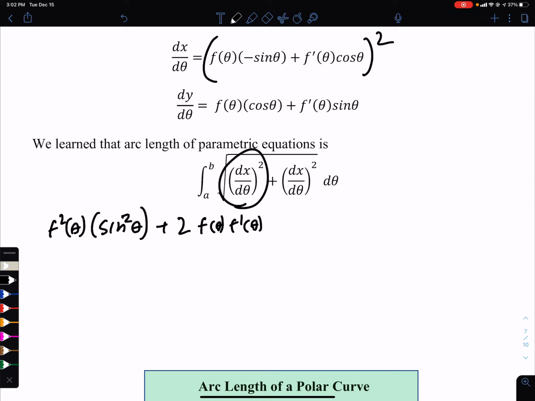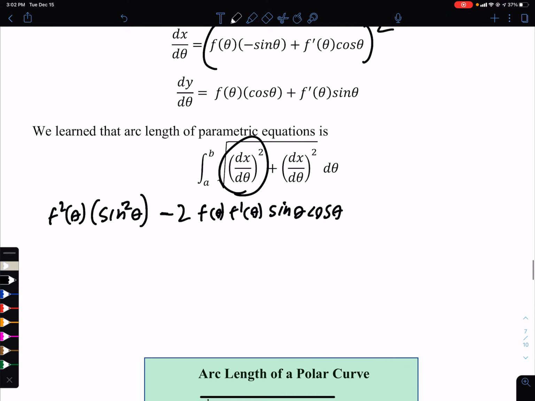Well, it's going to be minus. And then I'm going to get sine theta cosine theta. And then plus f prime of theta squared cosine squared theta. That's going to be dx d theta squared.